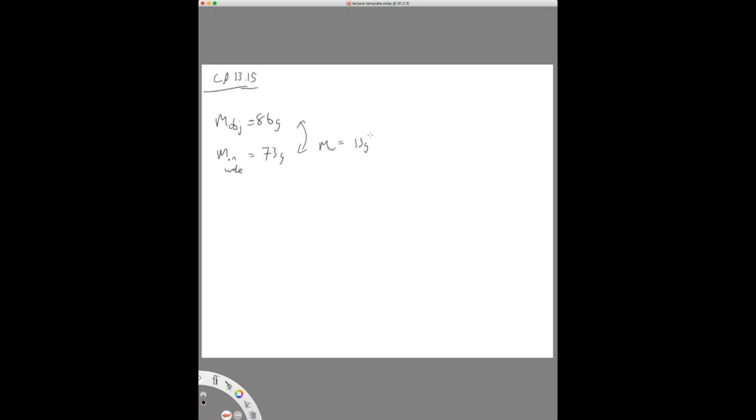And it says, find its volume and its density. So the mass of the water is going to be the density of water times the volume of the object. So we know the mass of the water and we know the density of water, we can find the volume.